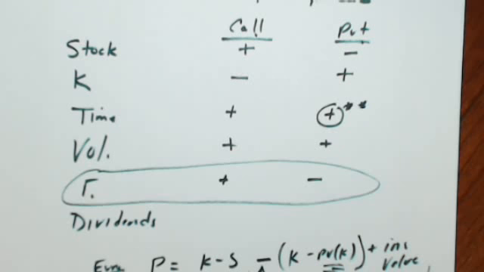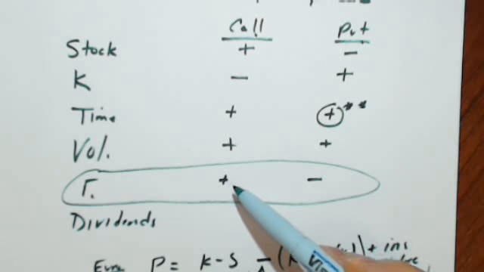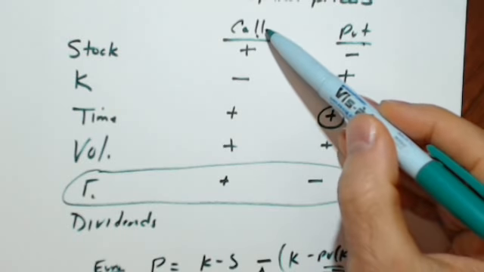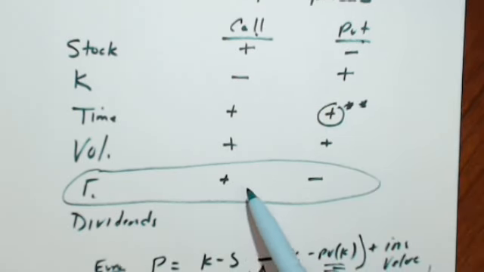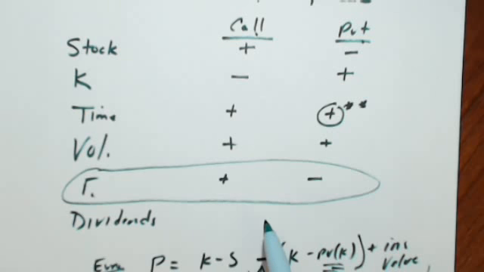So what I'm saying is, when interest rates go up, R goes up, calls become more attractive, because if you're bullish, you can buy the call option, which is very cheap. It won't take a lot of money to pull out of your savings account or out of your pocket to buy the call. So calls become more valuable relative to the stock.